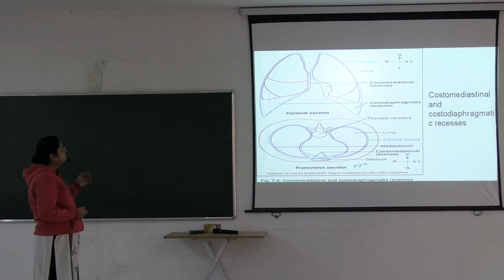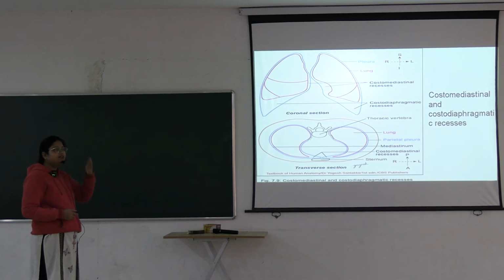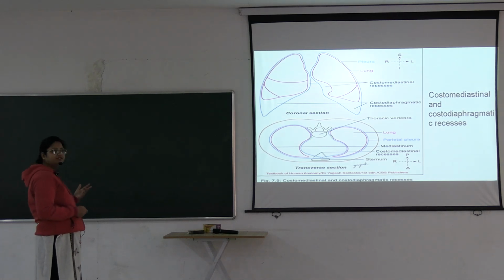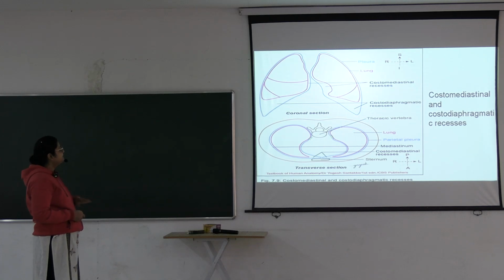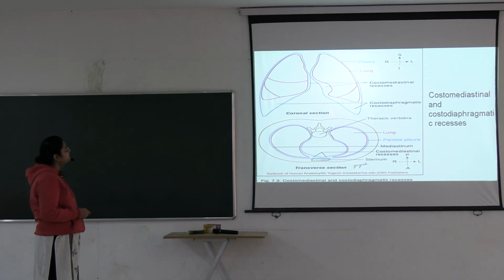See, this is a longitudinal section through the lung, mainly coronal section, and this is a transverse section. This pink line represents the lung boundary and the blue covering is the pleura. These parts are the costomediastinal recess, at the junction of mediastinal and diaphragmatic pleura, and here is the costodiaphragmatic recess at the junction of diaphragmatic and costal pleura.